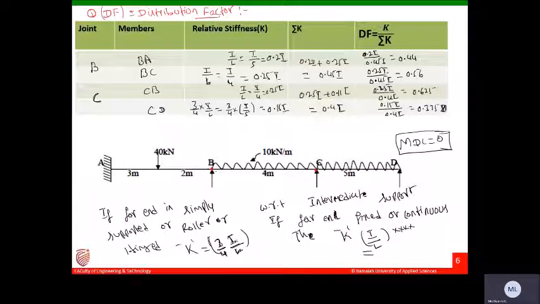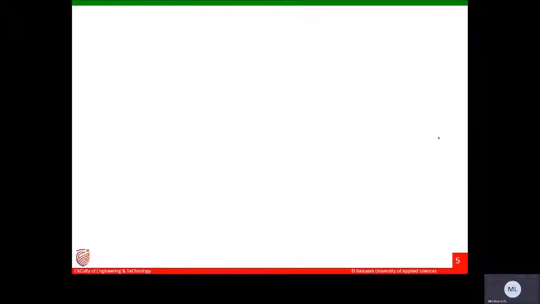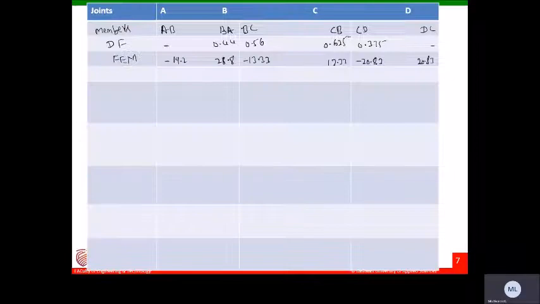So I need to balance or release that moment. I have some FEM here, so to make it 0, I need to release that moment.